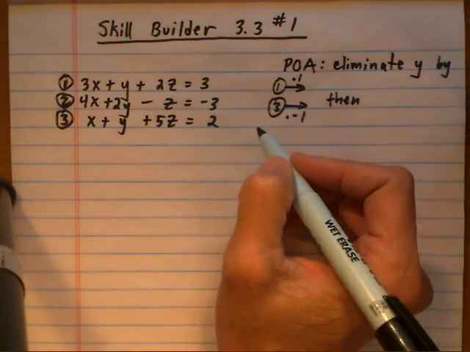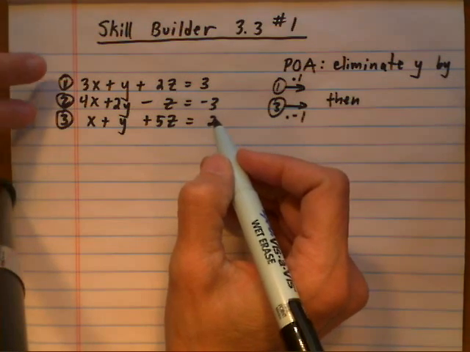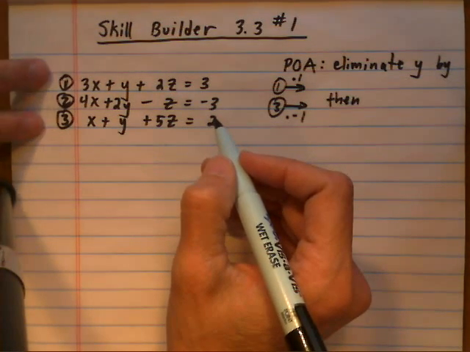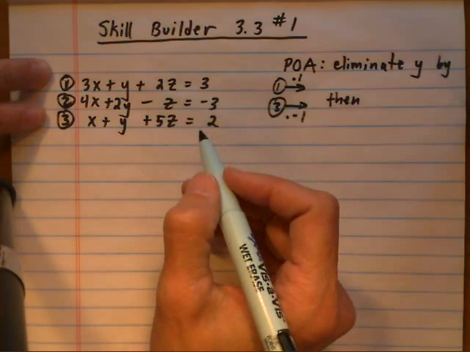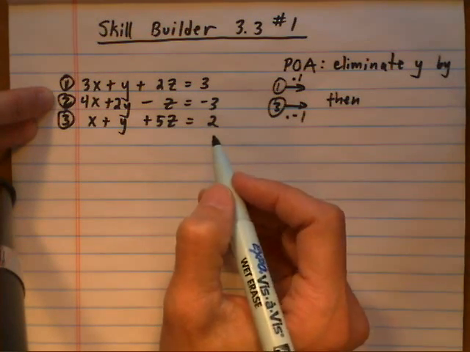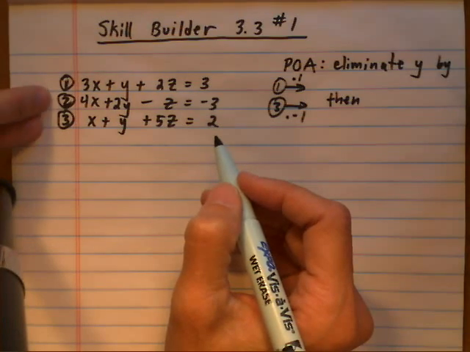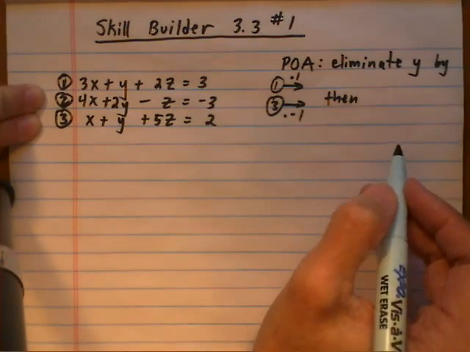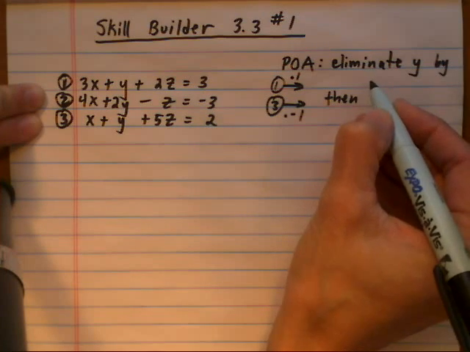And then we're going to get rid of y again by using 2 equations, and it can't be 1 and 3 this time. We have to do either 1 and 2 or 2 and 3. So let's just use 2 and 3, and we have to get rid of y again.